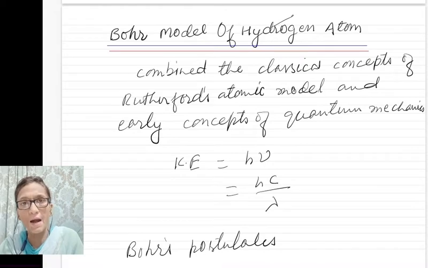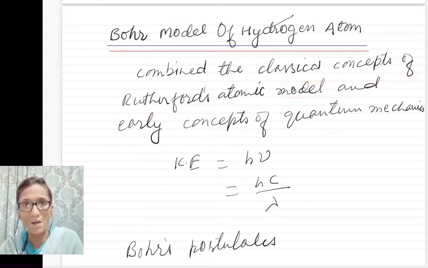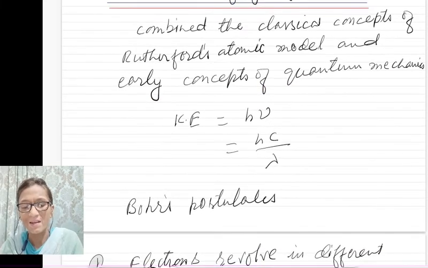Niels Bohr combined the classical concepts of the Rutherford atomic model and the early concepts of quantum mechanics.